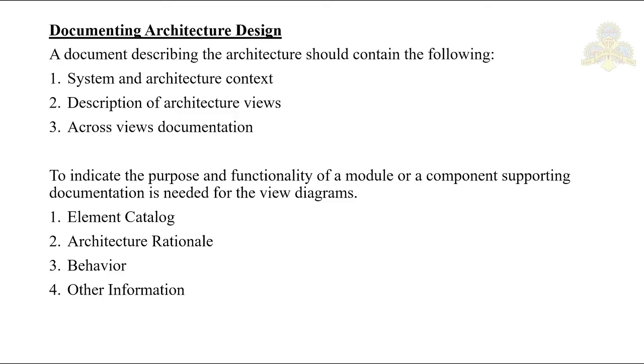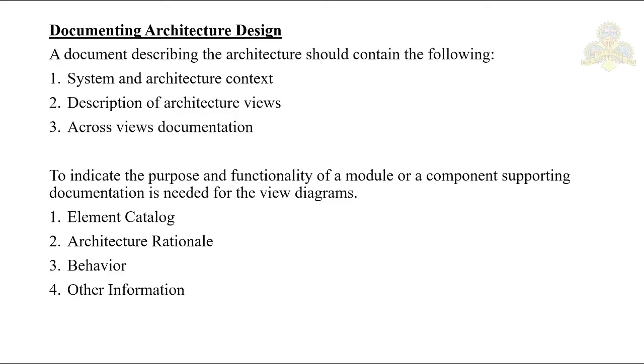What is the element catalog? It provides information about the elements shown in the primary representation, or your view. Besides describing the purpose of the element, it should also describe the element's interfaces. All the different interfaces provided by the elements should be defined. Interfaces should have a unique identity, and the specification should give both syntactic and semantic information.